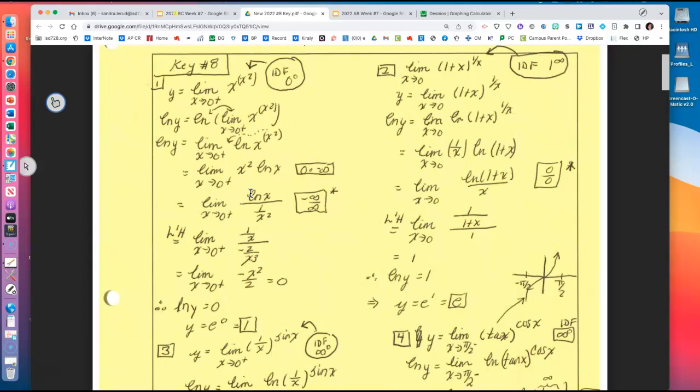Should I put it over the limit? What do you mean? Like in mine, what's different? You put the L'Hopital here, and I have it saying ln y equals, and then the L'Hopital is above the y. Oh, that's okay. Actually, it's kind of safe to keep writing ln y so you don't forget to undo it. That's what I've been doing. It helps me gather my thoughts before I start to write, so I don't make basic mistakes.